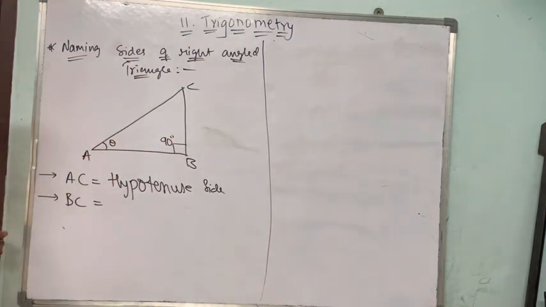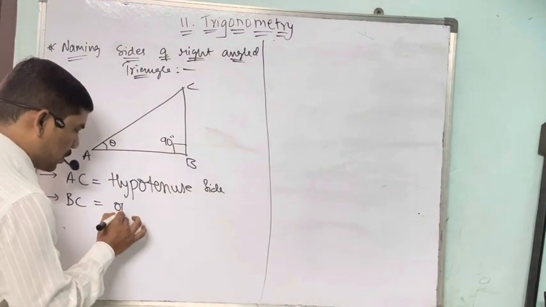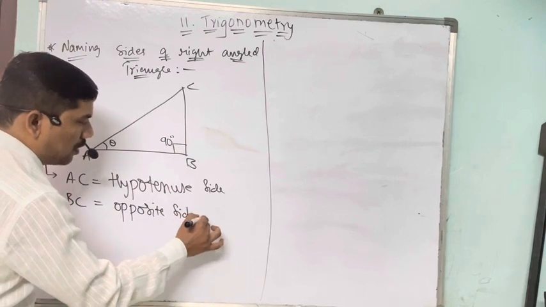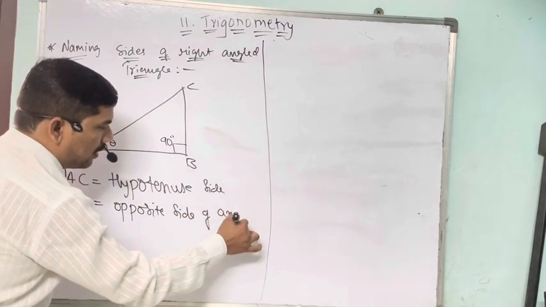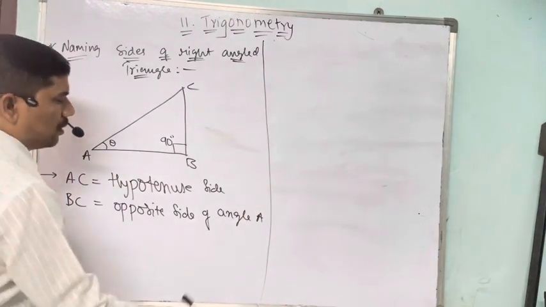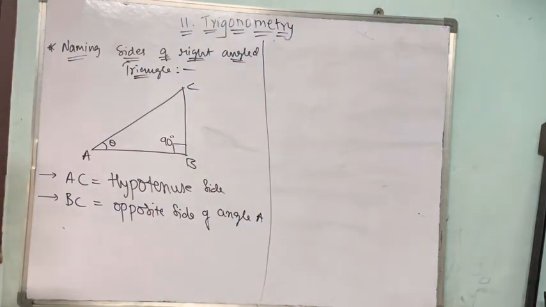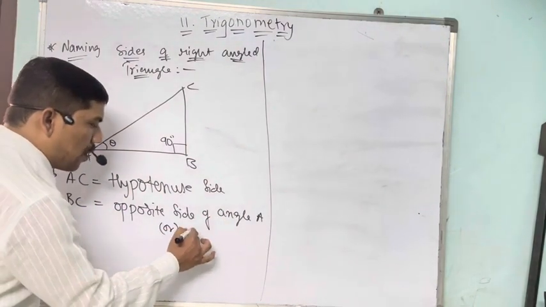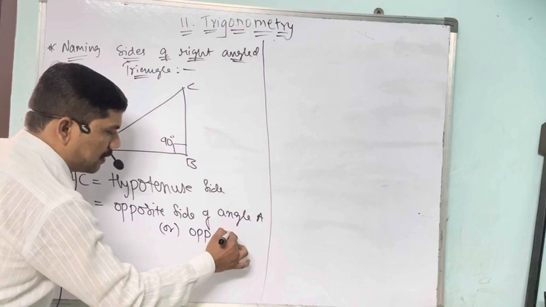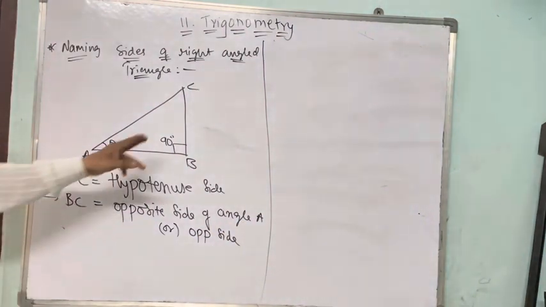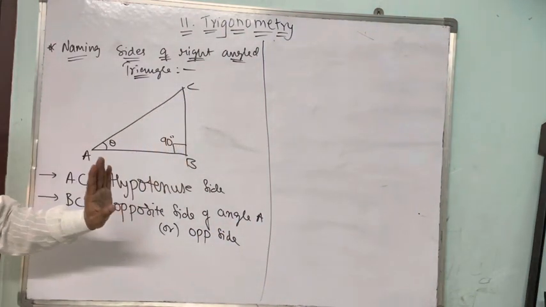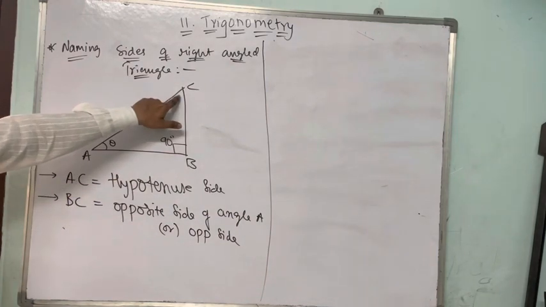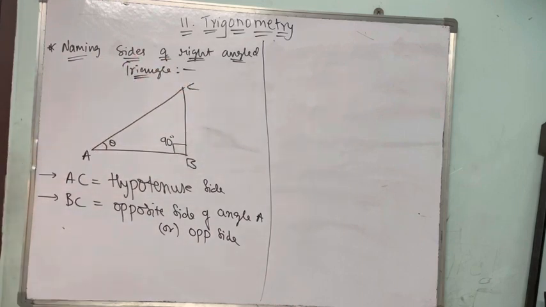So BC is called the opposite side of angle A, or simply opposite side. Okay, so this is the opposite side, BC, when theta is here. When theta is here, BC will become adjacent. Later on we'll see that.